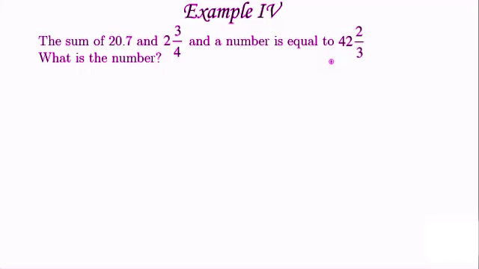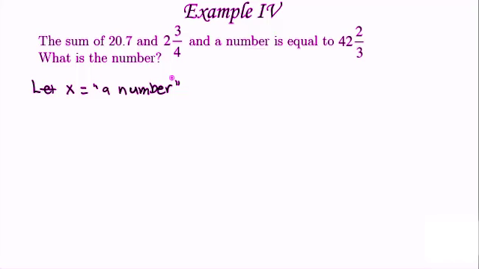What is the number? Okay, and looking at this, I see a number, and that tells me I need a variable. So I'm going to let x equal a number. I've assigned a variable to my unknown.